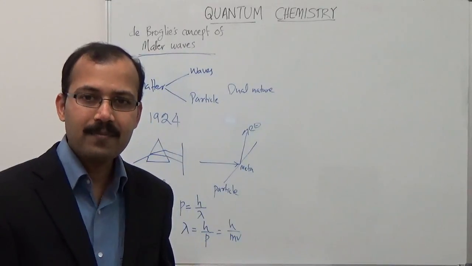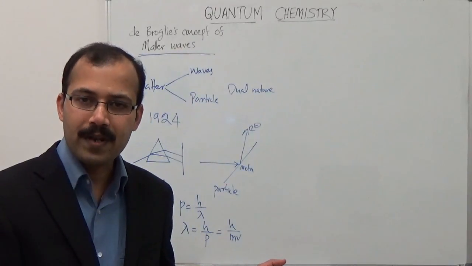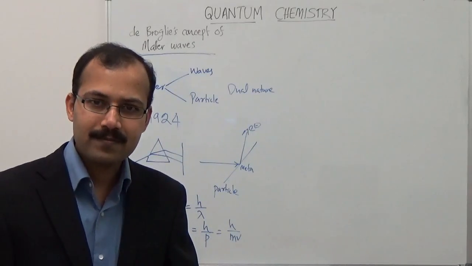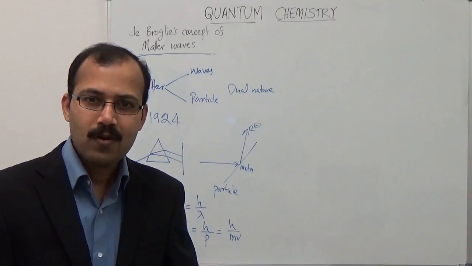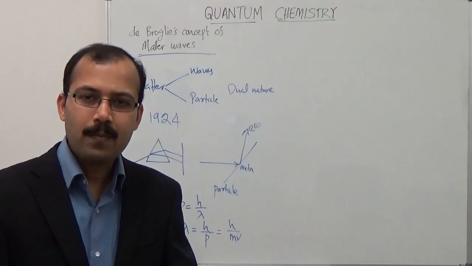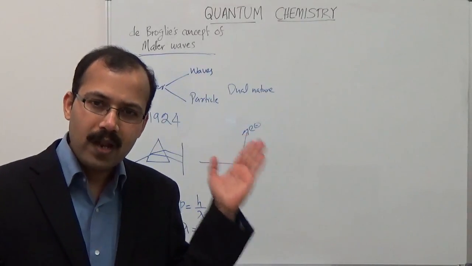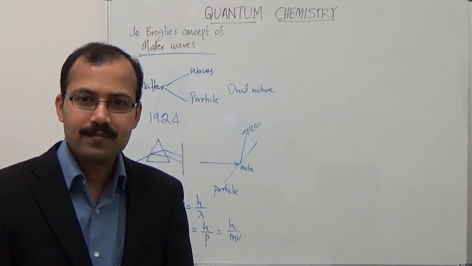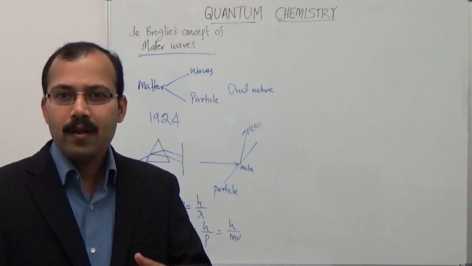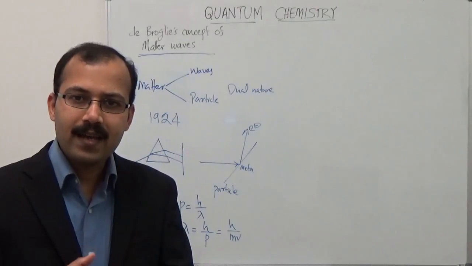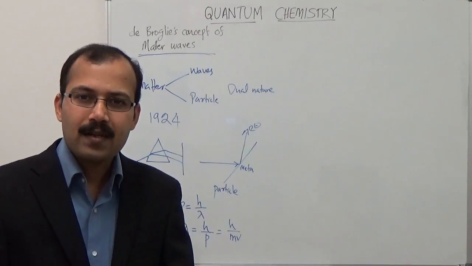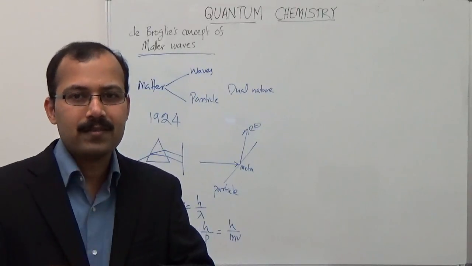At a certain time, the particle nature will be prominent, and at some other time, the wave nature will be prominent. Or for some objects, the particle nature will be so large and the wave nature will be so small. So we have to understand that matter has both wave nature and particle nature, but there will be an imbalance.